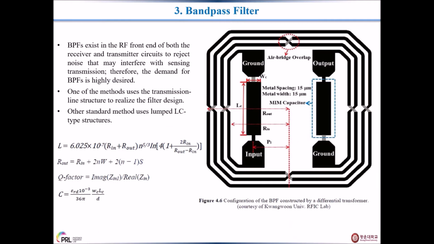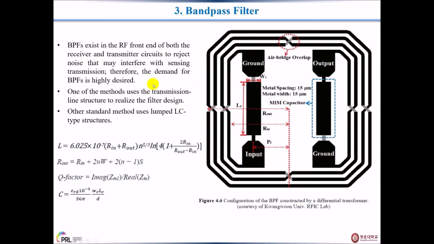And now let me introduce the bandpass filter. What is the main thing about the bandpass filter? The bandpass filter can be used in the RF front end of both receiver and transmitter circuits to reject noise that may interfere with signal transmission.